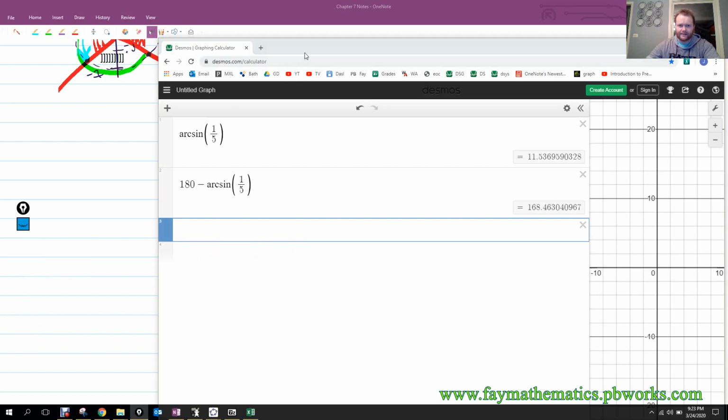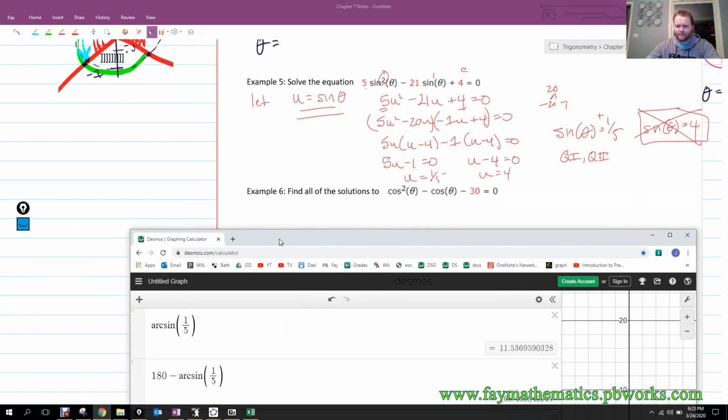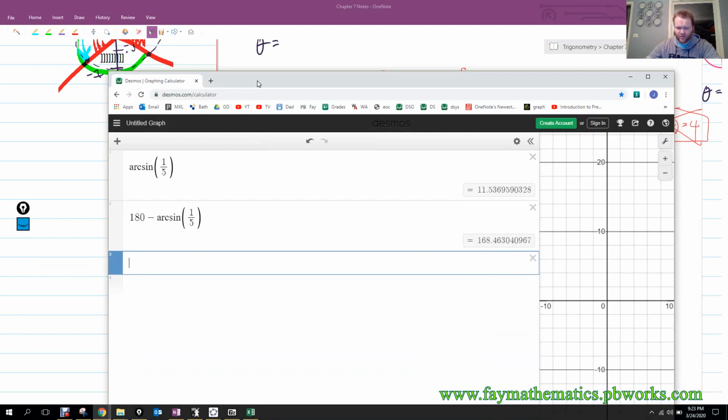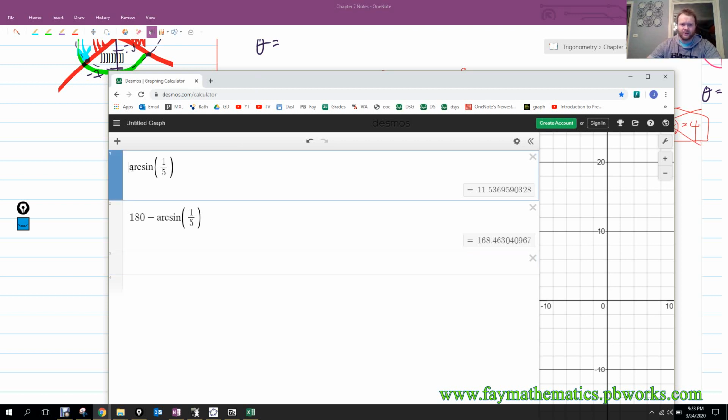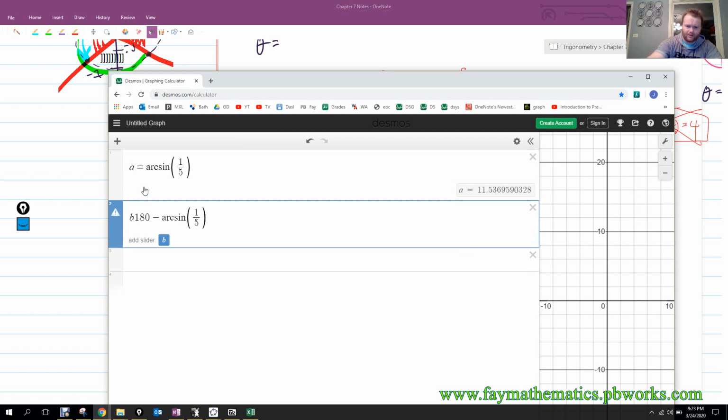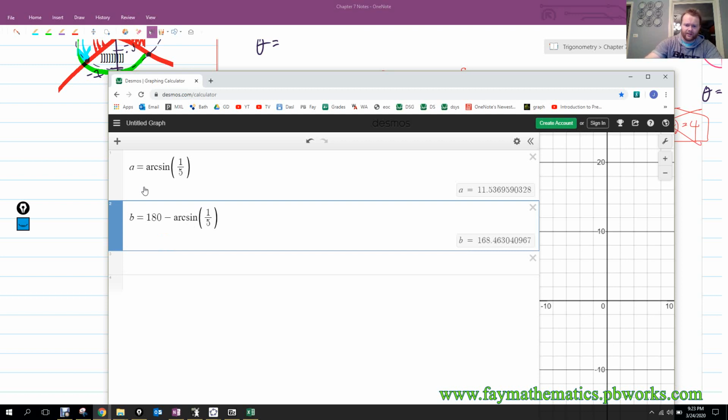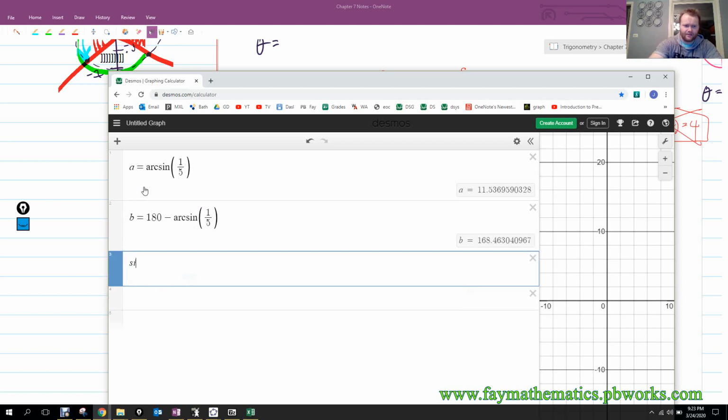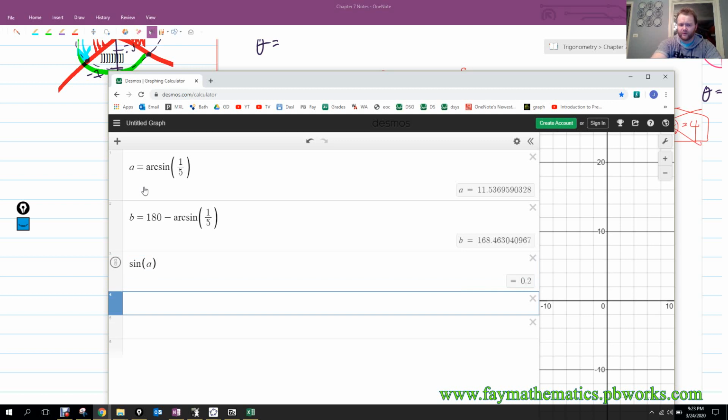Let's call this value A, and we'll call this one B. So when I get sine of A, it gives me 0.2, or 1/5.